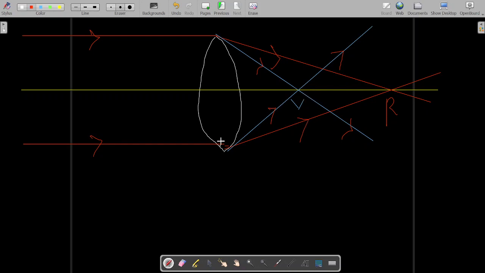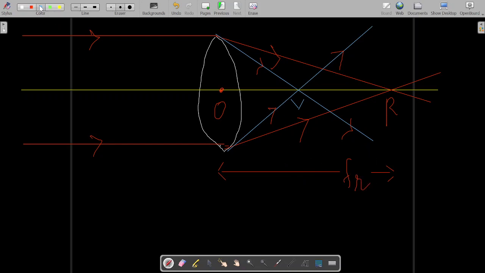Now this is what? This is your pole of the lens. So you will measure the distance from here till here. This is your FR.